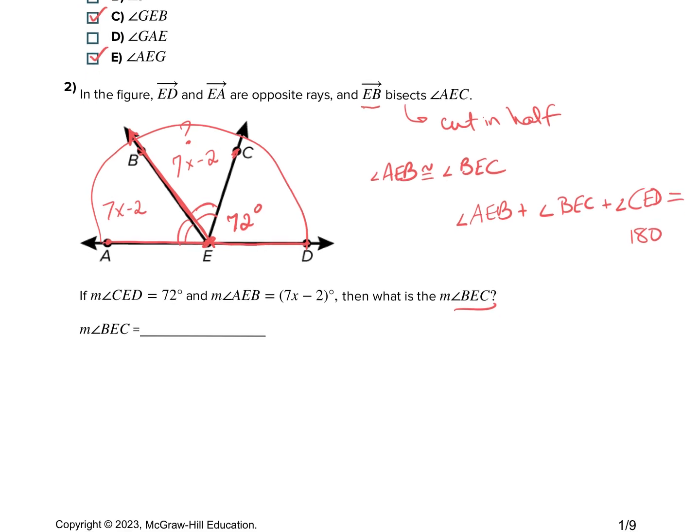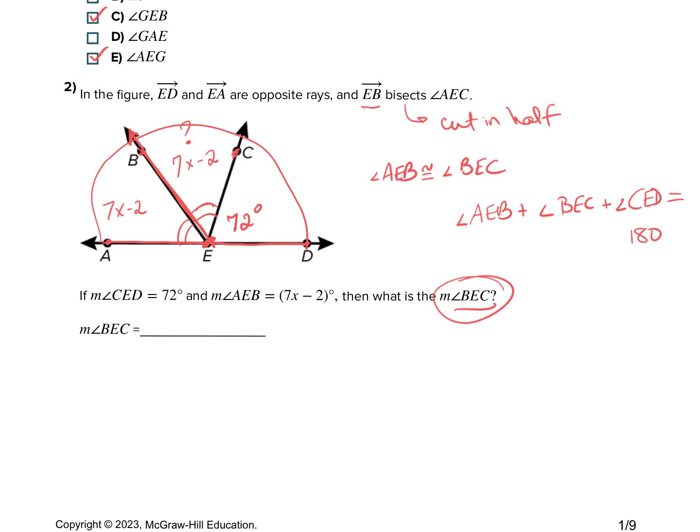Okay, now, because this asked for the measure of BEC, and it didn't ask for the value of x, and we know that all 3 angles form a line, and that 2 of the 3 angles are congruent, we actually don't have to do any algebra here.